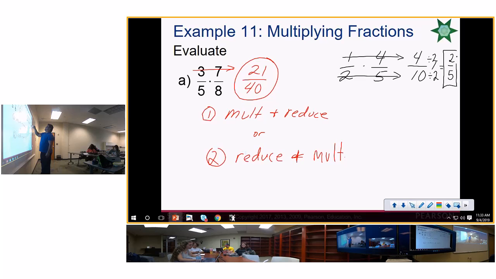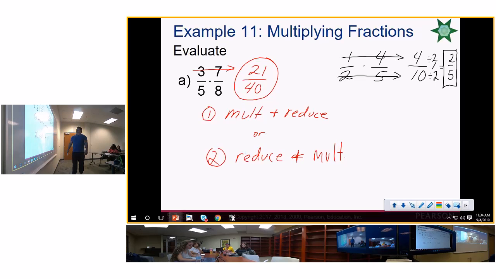That is simplified form. Now, again, I could take this problem. That's number 1. I wish this thing would stop acting up. And that's number 1. Number 2 would look like this. 1/2 times 4/5.